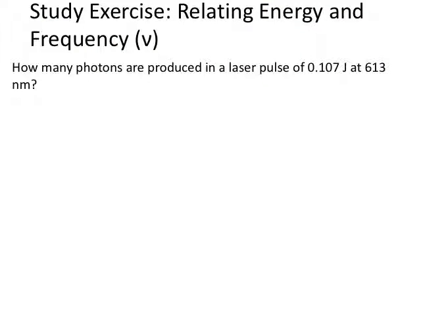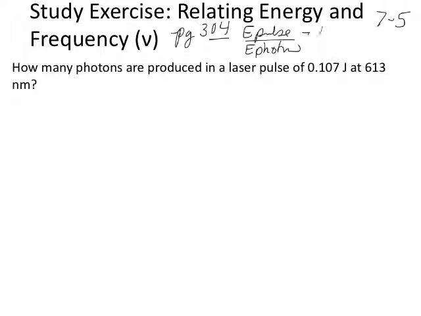This is problem 7-5, and this is on page 304. A key thing here you're going to need to pay attention to is the energy of the pulse divided by the energy of the photon.